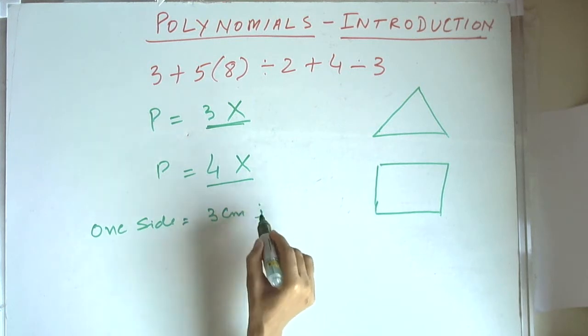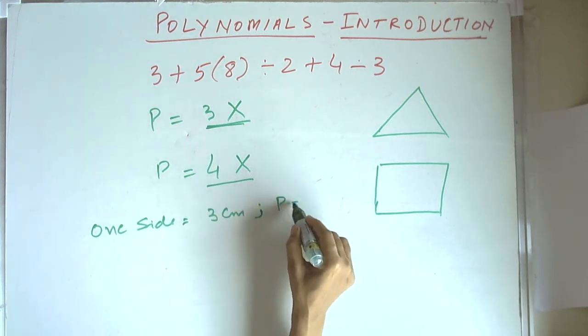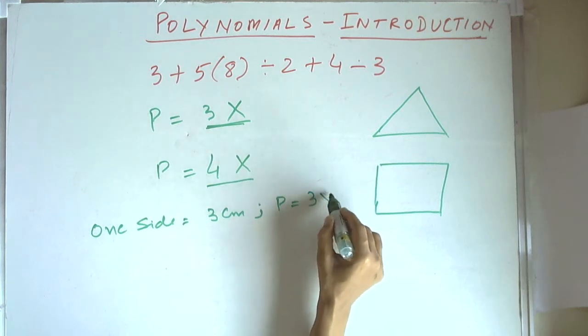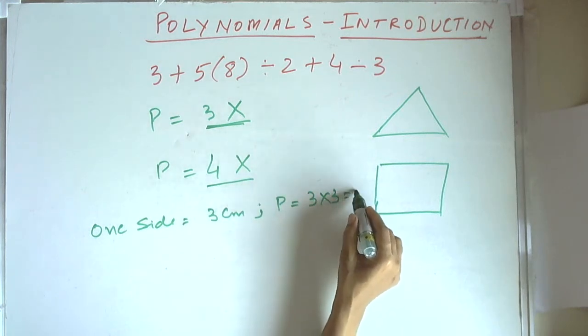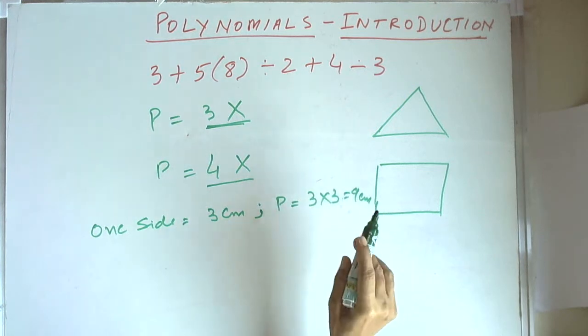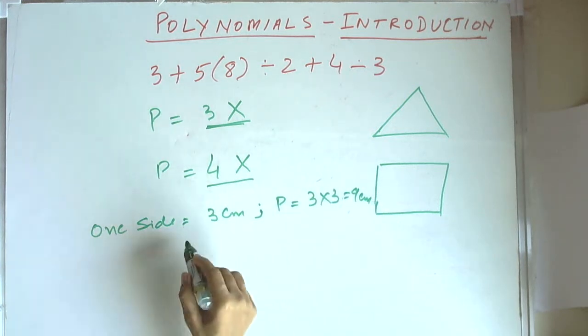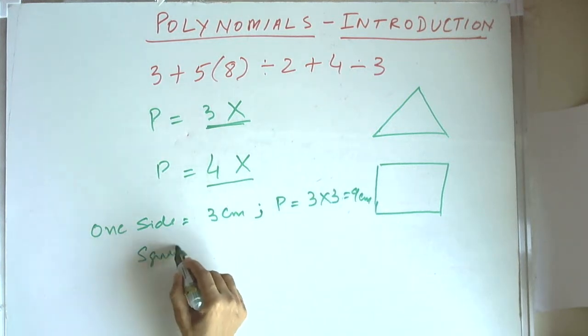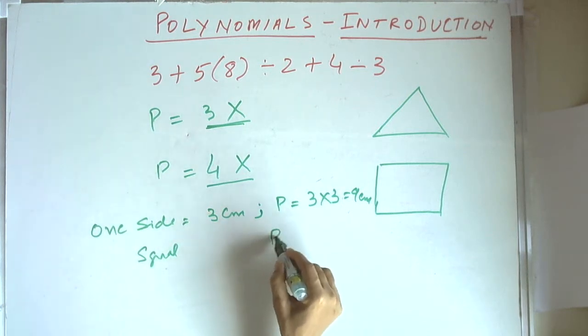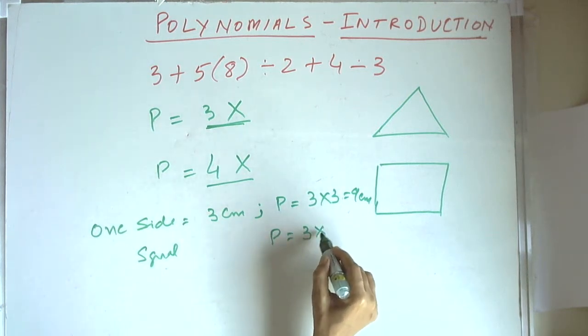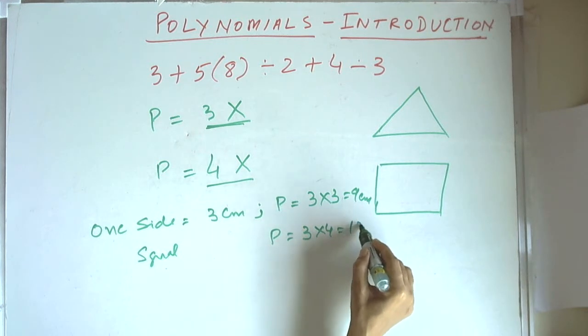Then the perimeter will be equal to 3 into 3, that means 9 centimeter. And for the square, the perimeter will become 4 into 3, 12 centimeter.